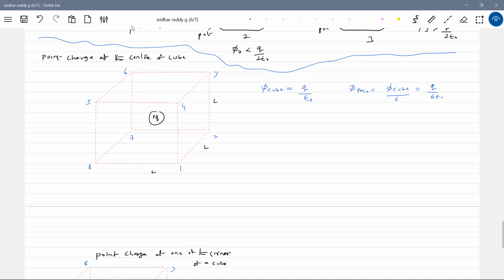The intensity of light falling on each face, or the amount of light passing through each face, will be the same. The same thing applies to lines of force. If you assume 60 lines of force, 10 lines will pass through each face.